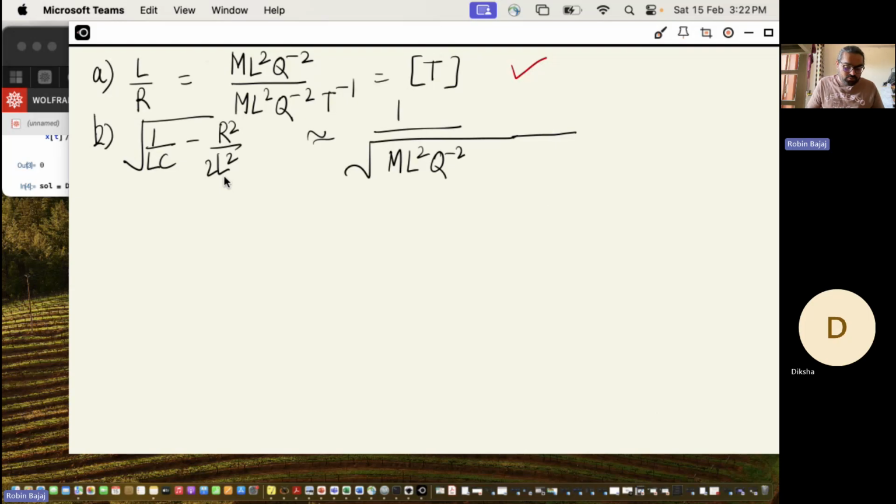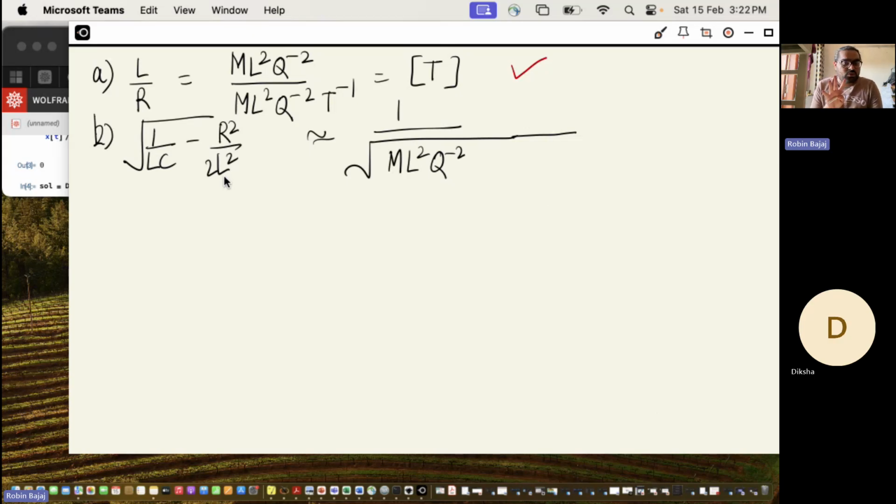So I am doing problem number 3 from the previous year's assignment, which is basically about identifying the time scales in the LCR circuit. Now, if you write the equation of the LCR circuit, it has three terms corresponding to L, C, and R: one due to the resistance, another due to the capacitance, and another due to the inductance.